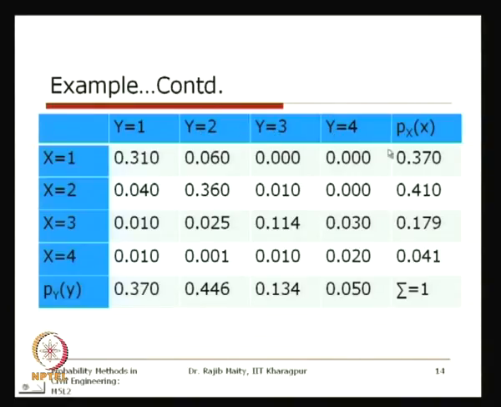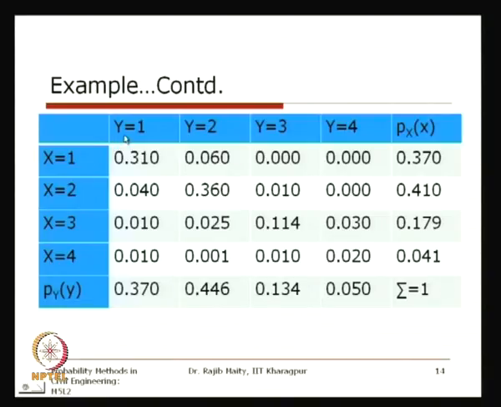So this is a 4 by 4 matrix, and each cell is a possible combination of outcomes. This 0.31 means that the probability of x equals 1 and y equals 1 is 0.31.